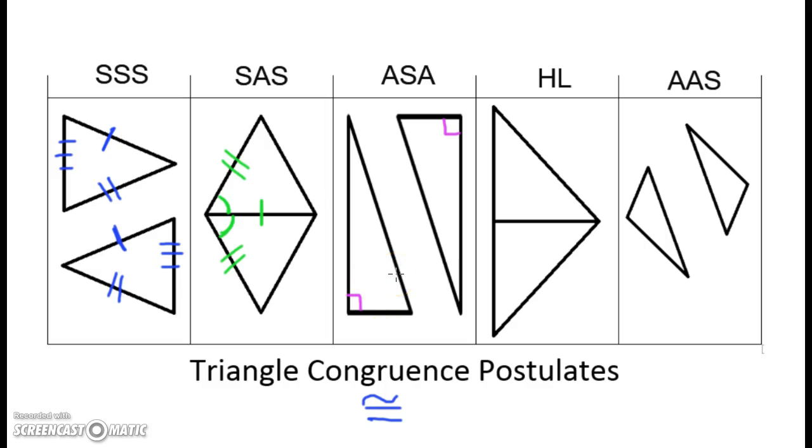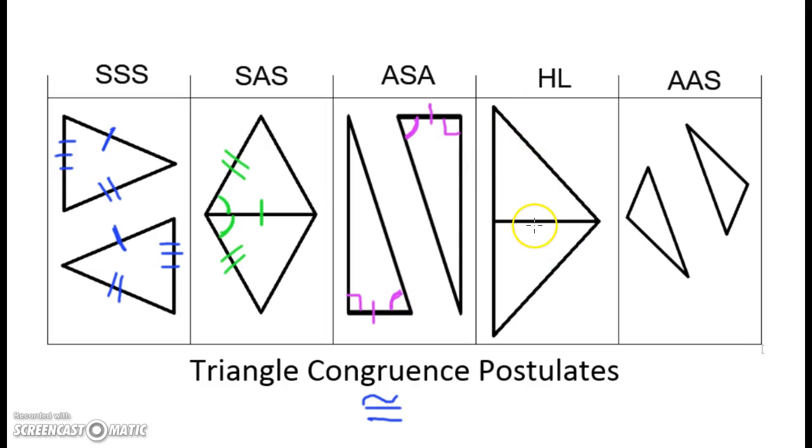And then let's say this angle down here is equal to this angle up here. All right, so now I have two angles, but I also need the side that's in between them. Well, the side that's in between these angles is this little side down here. So I'm going to say that is equal to that. And now I can show these two triangles are congruent with angle, side, angle.